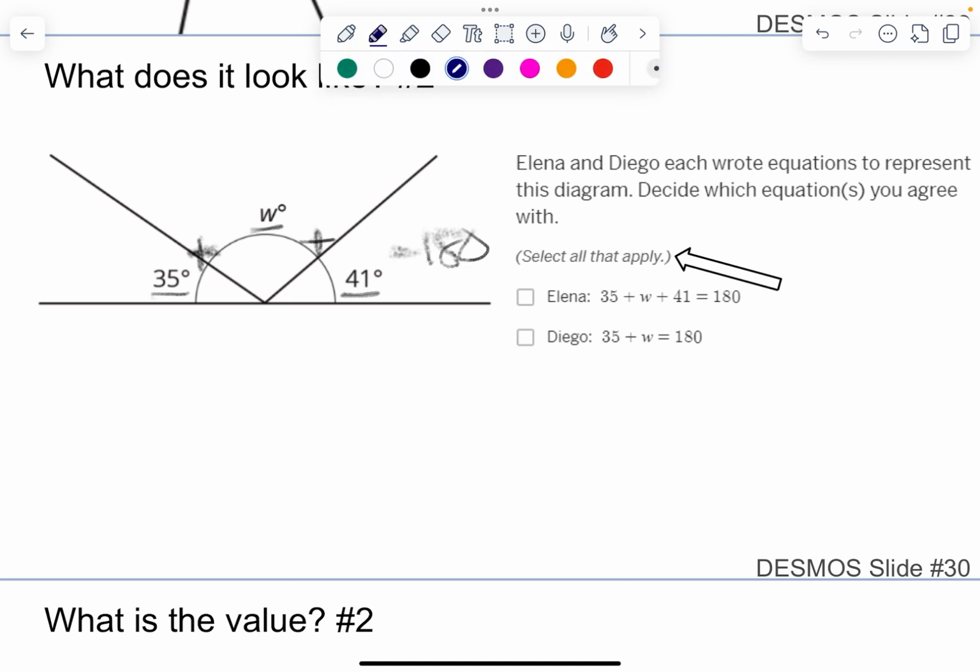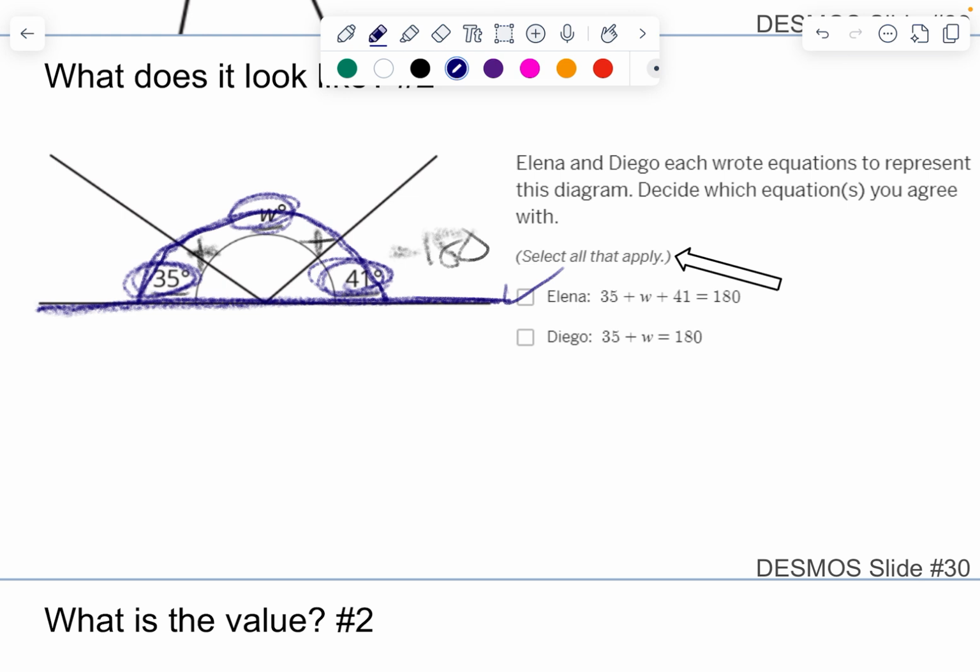Let's draw our semicircle. We know that our semicircle is going to hit on a straight line, so it's going to start and stop on the same line. So we start it here, we stop it here, and that's the 35, the W, and the 41. So I do agree with her.